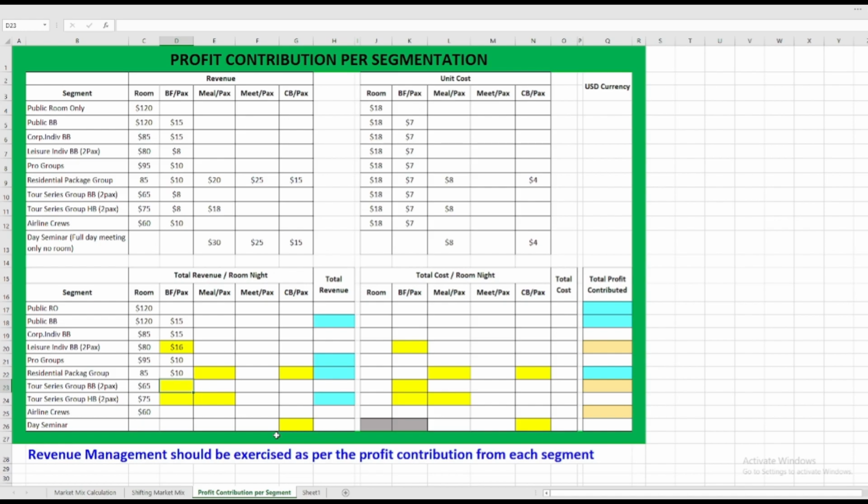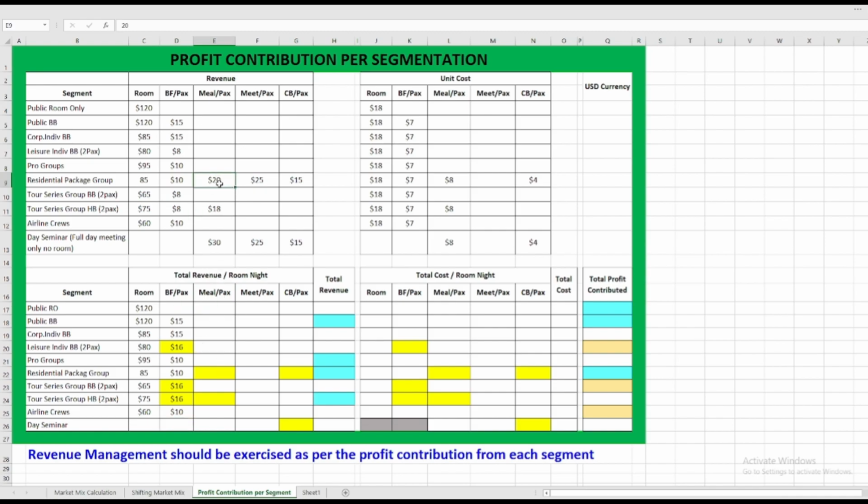Tertiary group is $8 revenue breakdown per room, so times 2 is 16. Tertiary group the same, times 2 per room, so the revenue breakdown is 16. Air crew is $10, single occupancy, and there is no rate for day seminar because guests stay outside.